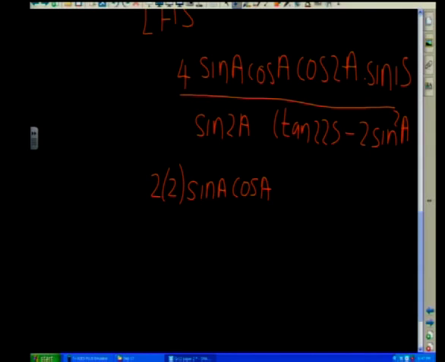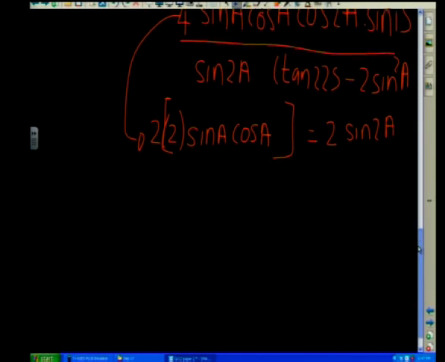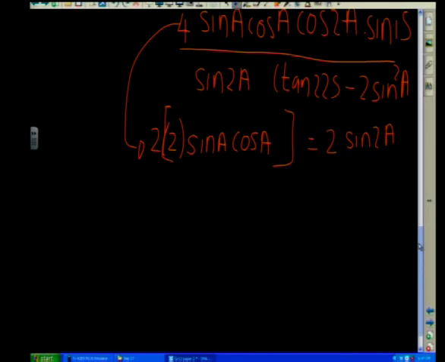Okay, 4 sine A cos A. I'm going to rewrite that as 2 times 2 sine A cos A, and then you guys can see that 2, if I bracket that off, 2 sine A cos A is actually sine 2A. So this is equal to 2 sine of 2A. Okay, so I've just taken that little part of the sum to the side to show you how I can simplify that.